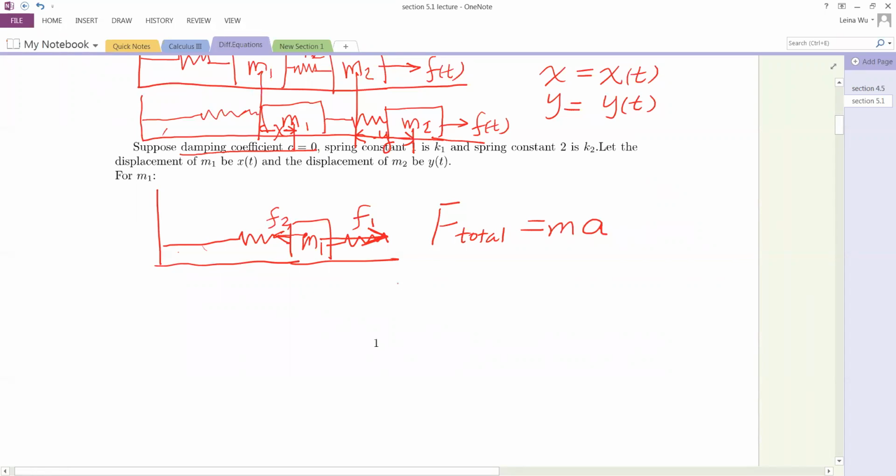And our x-axis is towards the right, so this is the positive direction, and to the left will be negative. So we should have F1 minus F2 equals the mass, which is m1, times acceleration. What is acceleration?